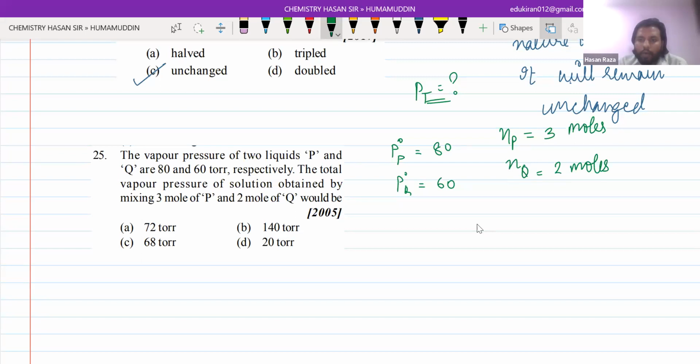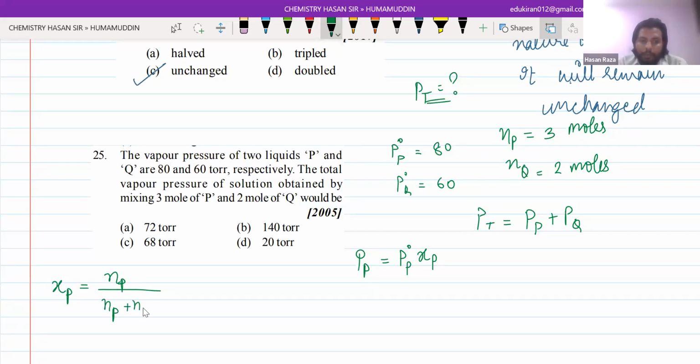Now, as you know, the total pressure of the solution will be equal to the partial pressure of each component, partial pressure of P plus partial pressure of Q. First I'm going to calculate the partial pressure of P, which is equal to P naught, pure pressure of P, into mole fraction of P. The mole fraction of P is number of moles of P upon total number of moles, that means moles of P plus moles of Q. So it is 3 upon 3 plus 2, that is equal to 3 by 5.